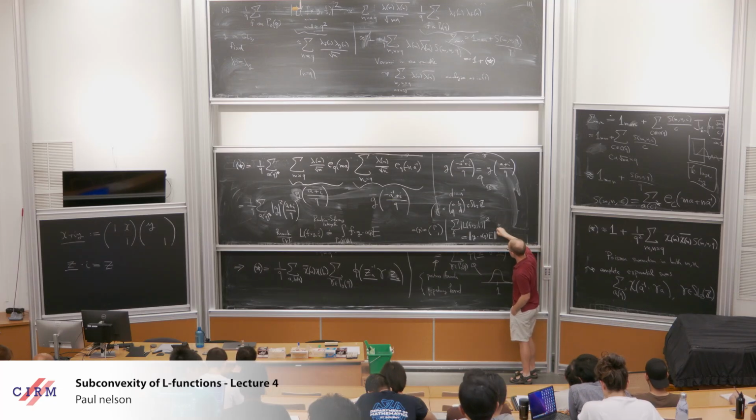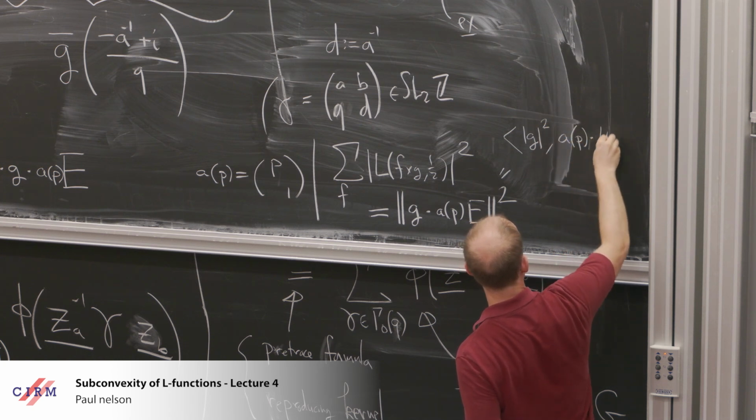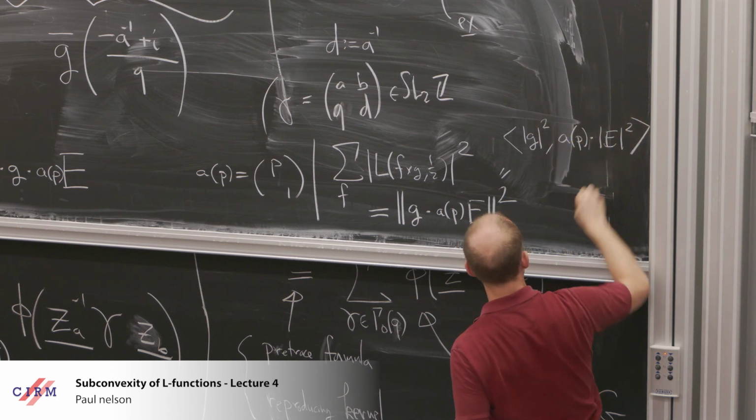But then this L2 norm we can alternatively think of as an inner product between the square of g and a of p applied to the square of e.